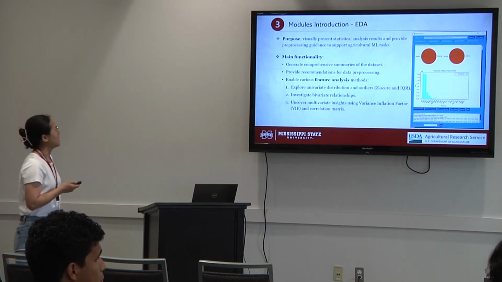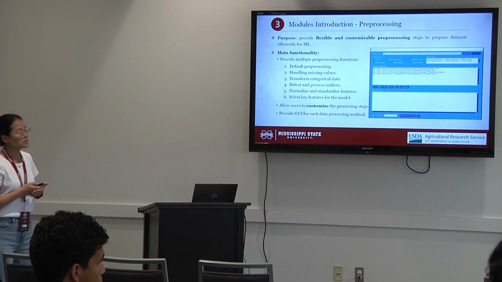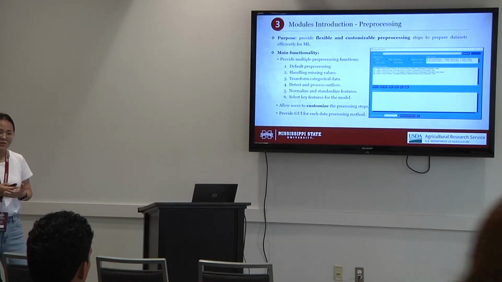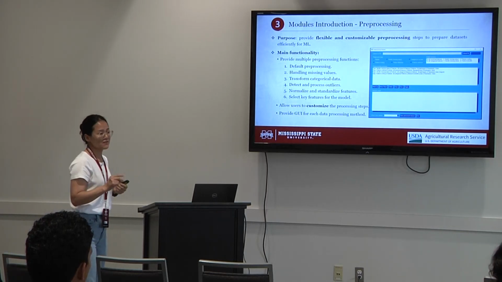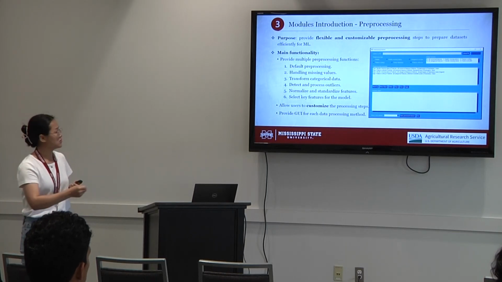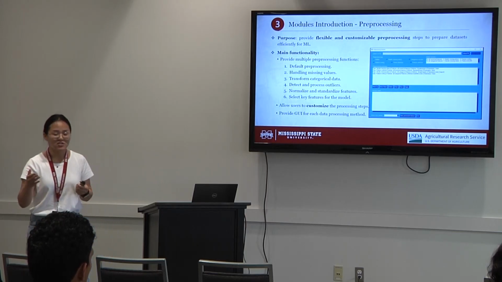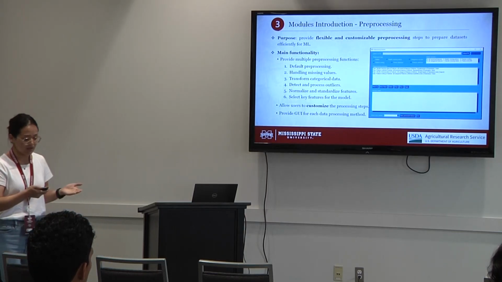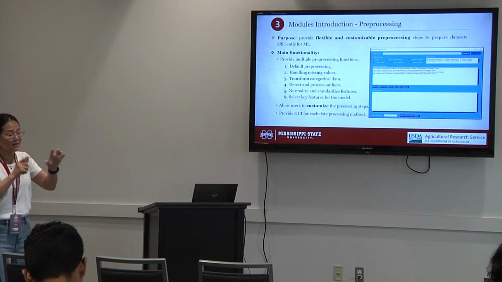After EDA, where you visualize and analyze the data, you will go through pre-processing. There are many pre-processing functions, like handling missing values and outlier detection, and for each one there are different methods.